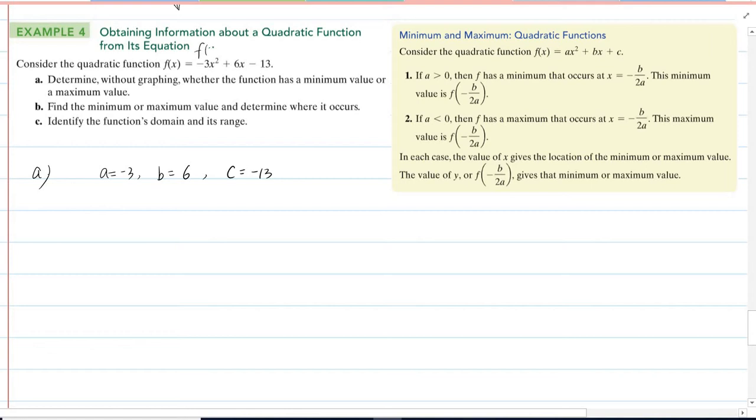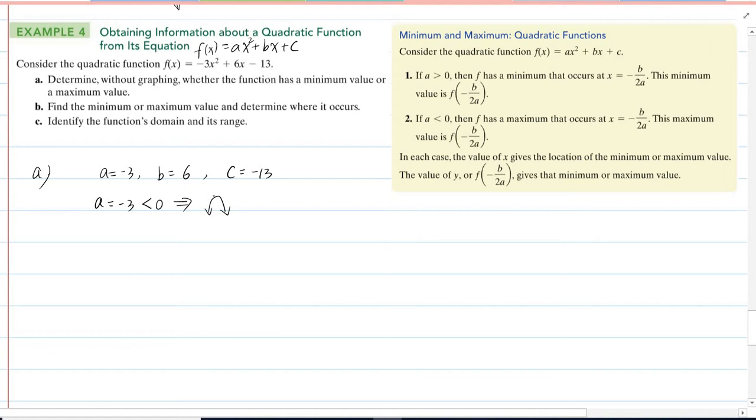I could just write it here and match it to the ax squared plus bx plus c form, finding my a, b, c. In this case, we don't necessarily need the a, b, c for part A, but they're used for parts B and C. Because a is negative 3, which is less than 0, this is going to be downward.